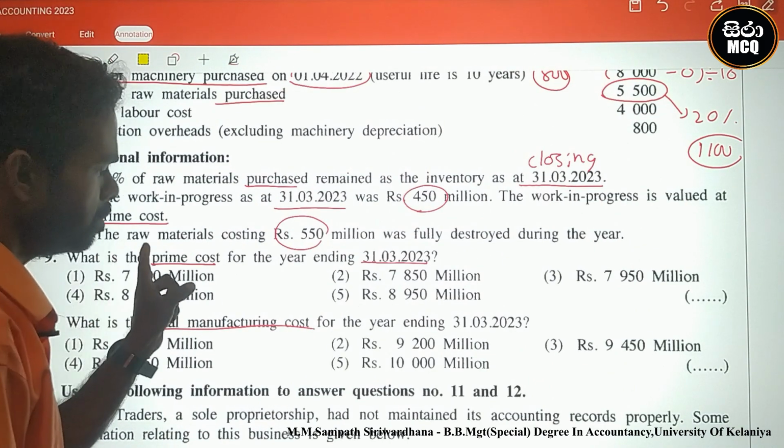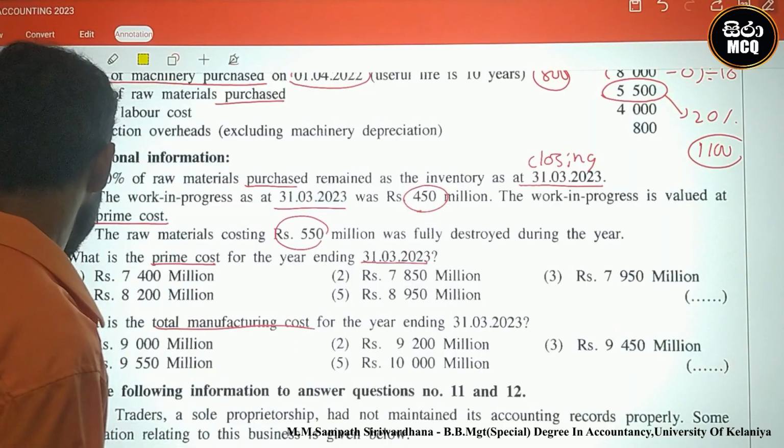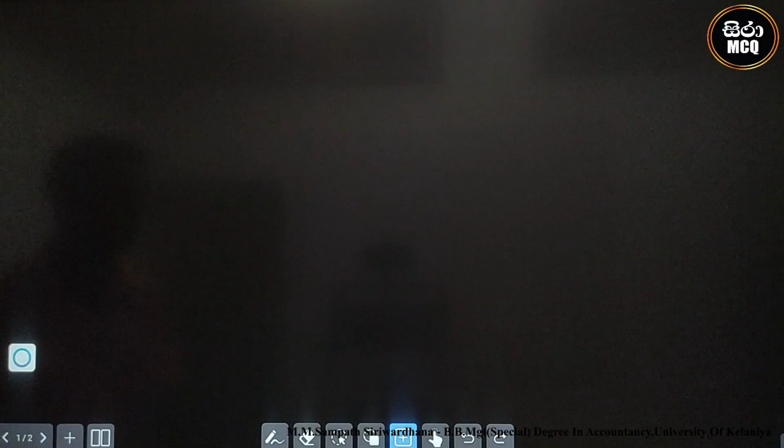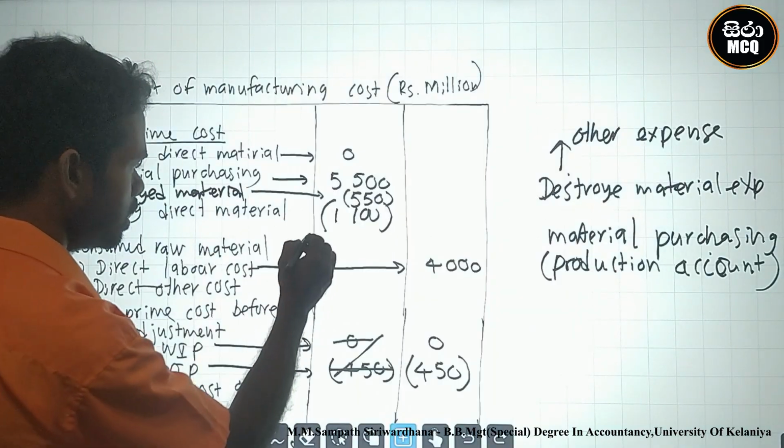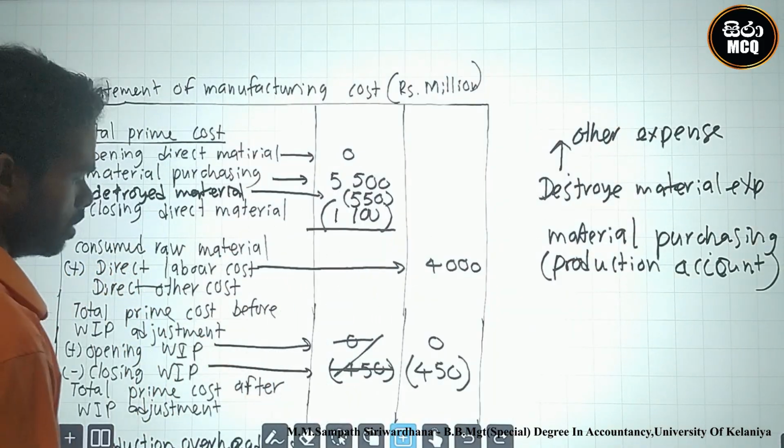Firstly, what is the prime cost for the year ending 31st March 2023? We must calculate the prime cost.